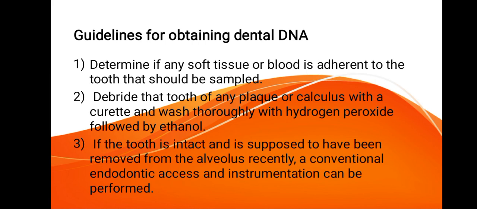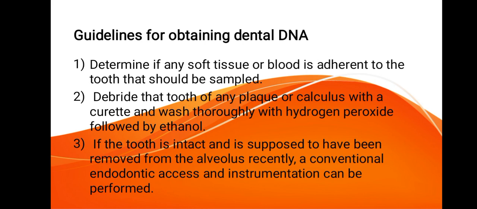Guidelines for obtaining dental DNA. First, it's determined if any soft tissue or blood is adherent to the tooth, that should be sampled. Then, debride the tooth of any plaque with a curette and wash thoroughly with hydrogen peroxide followed by ethanol.